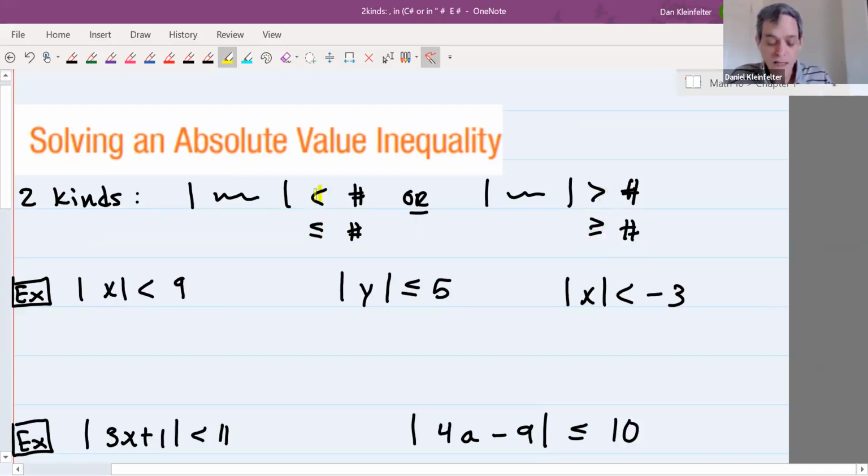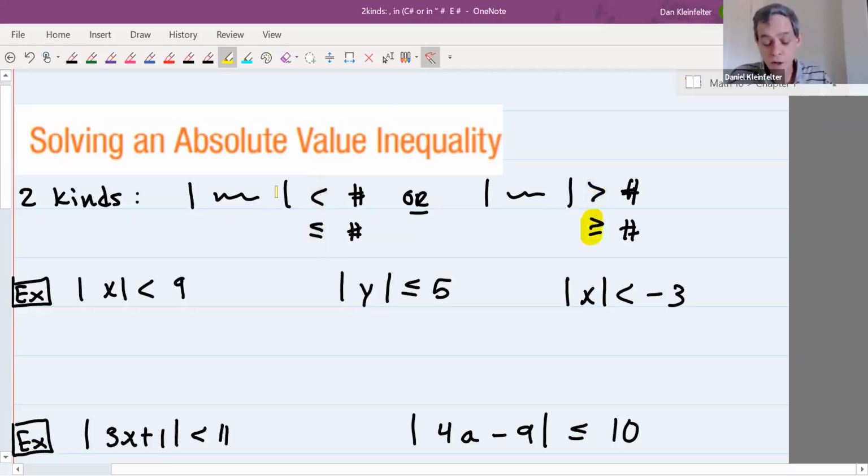In the first case, the only difference between less than and less than or equal is whether the endpoints are included when you write the answer in interval notation. If it's less than, they're not. If it's less than or equal to, they are. Parentheses, square brackets. For greater than, it will be just parentheses. For greater than or equal to, square brackets. So that's the only difference.